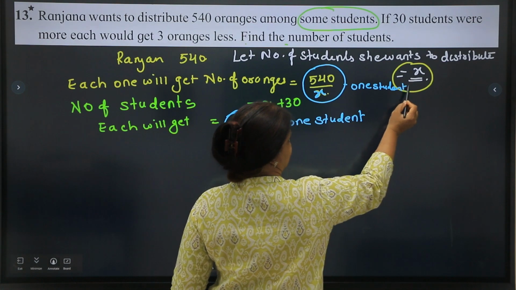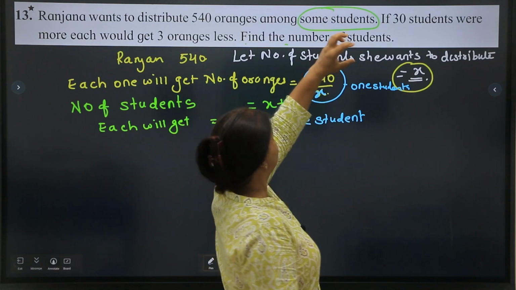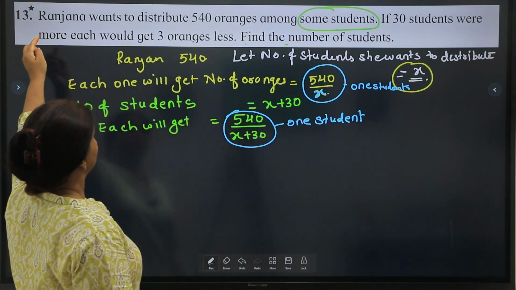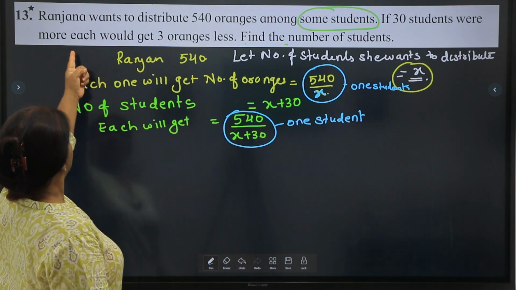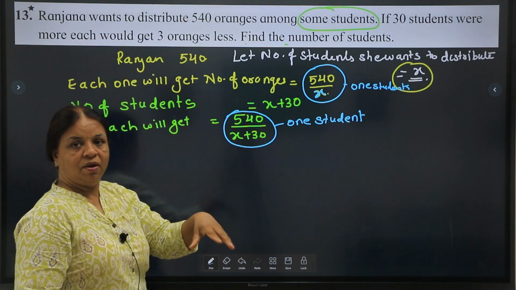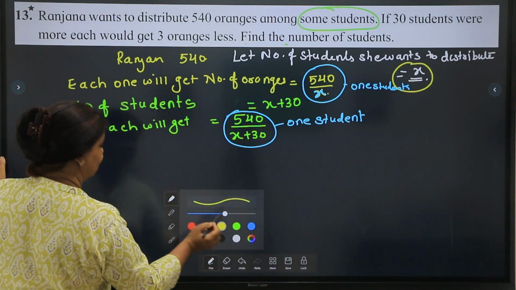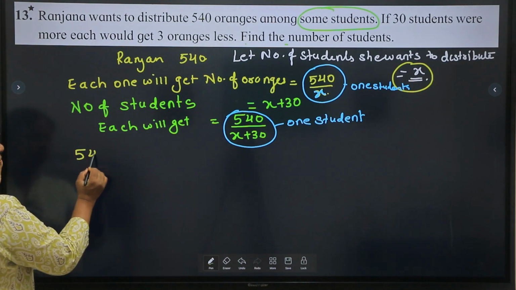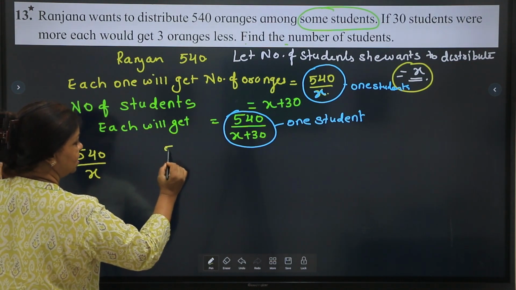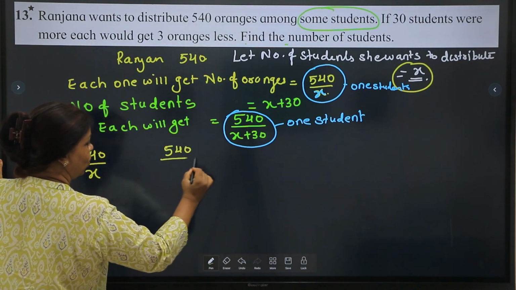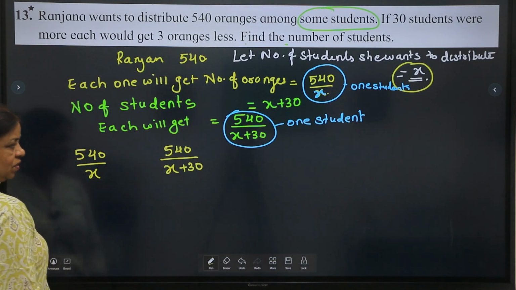Now see the further condition. If 30 students were more, meaning increased, each would get 3 fewer oranges. Here, this 540 upon x is the number of oranges one student is getting, and this is the number of oranges one student is getting when the number of students has increased by 30.